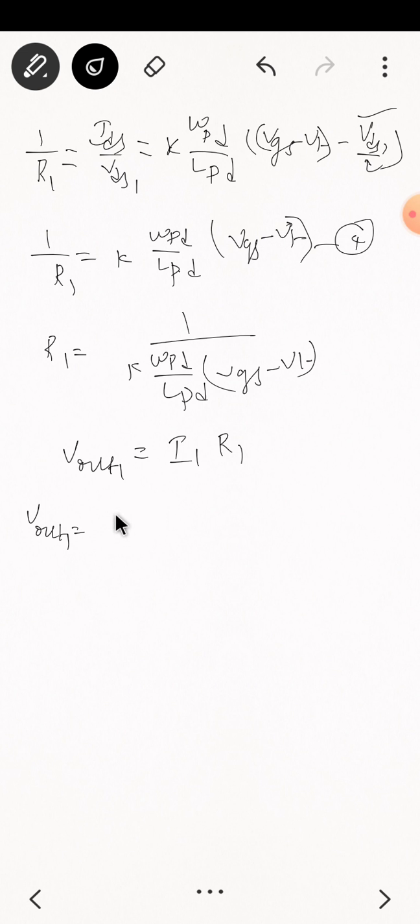What is the I1 value? K into (W_PU by L_PU) into (VT) whole square, by 2. Vout is I1 into R1, which is equal to 1 upon K into W_PD by L_PD.